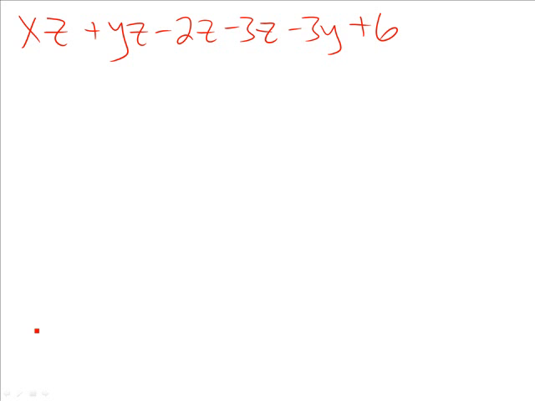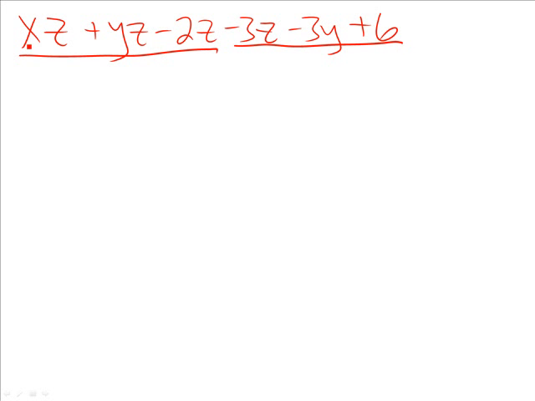An important point to keep in mind is when you factor by grouping, the groups always have to be of the same size. So if we were to group these three terms together, which is fine, it doesn't have to be 2 terms. It can be as many as you want. But if we're going to group those 3 together, then we have to group those 3 together.